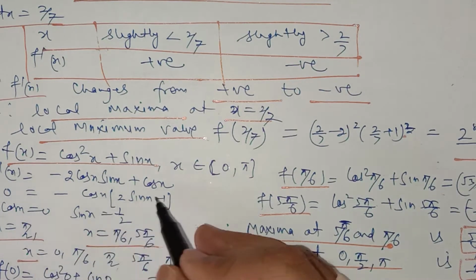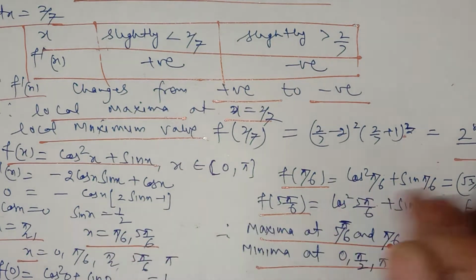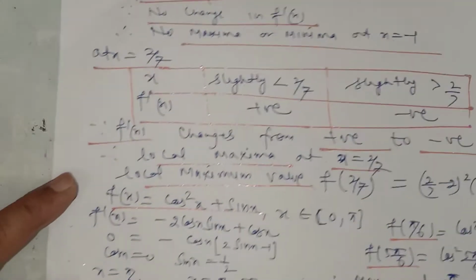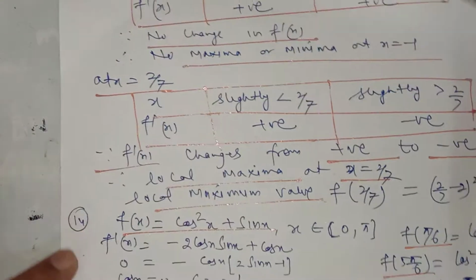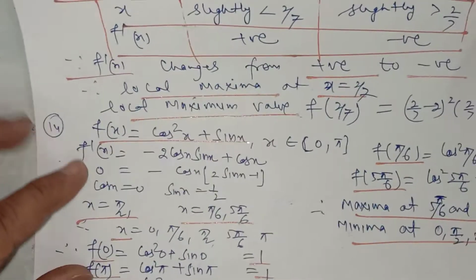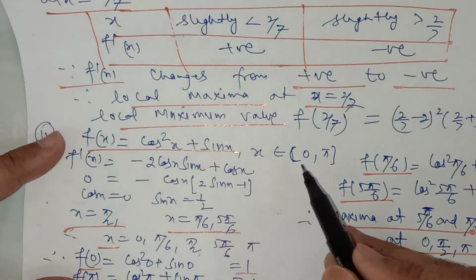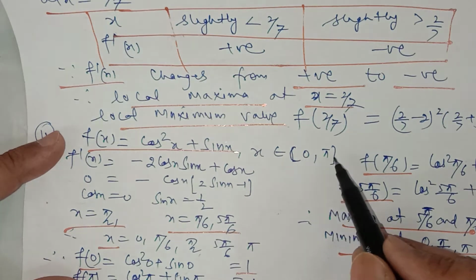Taking cos x common, we get cos x (1 − 2 sin x) = 0, so cos x = 0 and sin x = 1/2. Cos x will be 0 when x is an odd multiple of 90 degrees, and I have taken this because it is lying in this interval.